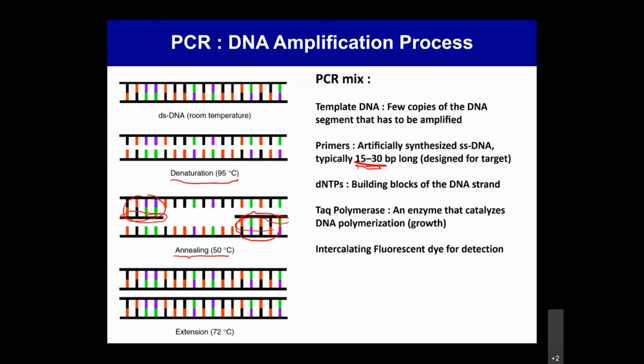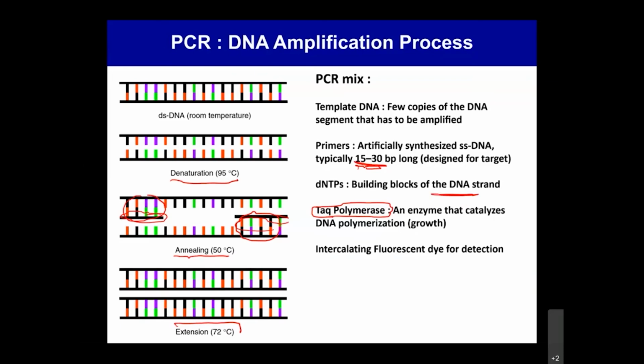And that is done using what is called extension process, right? Which is done by again taking it to slightly higher temperature, which is about 70 degrees centigrade. What happens there is that you have an enzyme called Taq polymerase. It's essentially a kind of enzyme which facilitates chemical reaction. And you have these building blocks, which are essentially individual building blocks of the DNA.